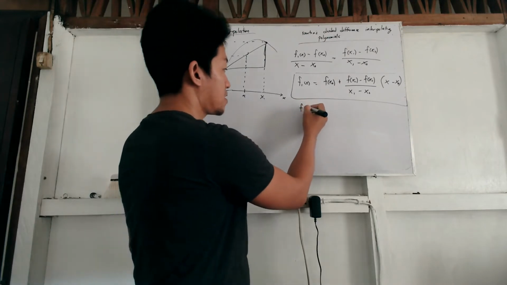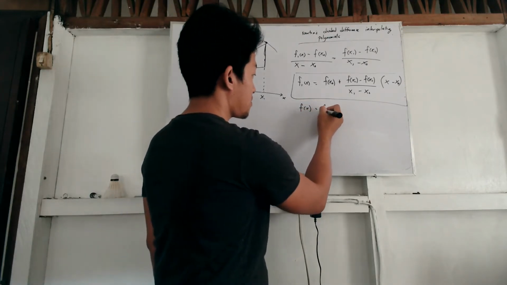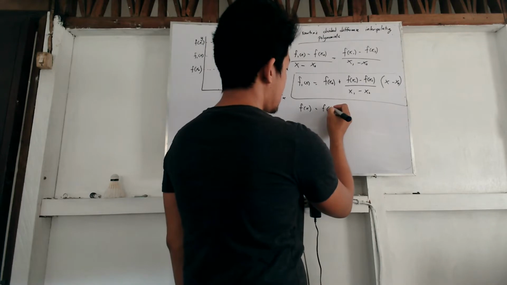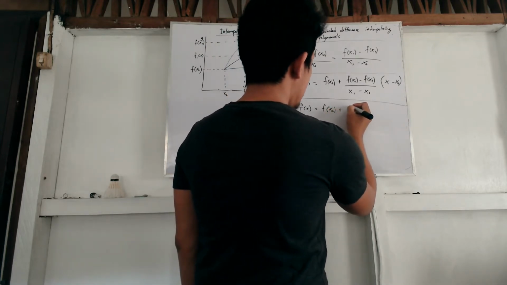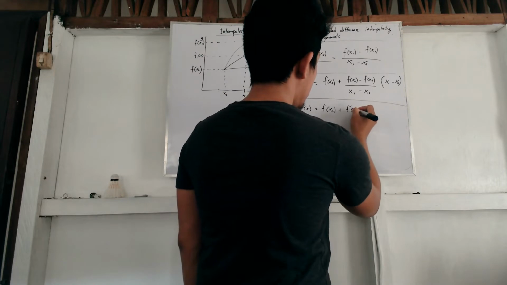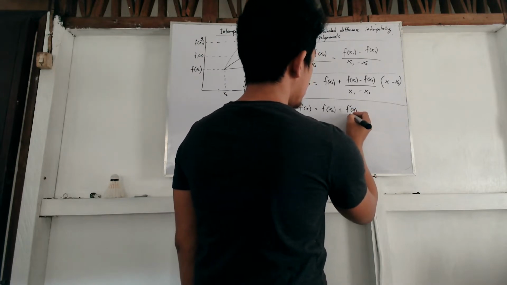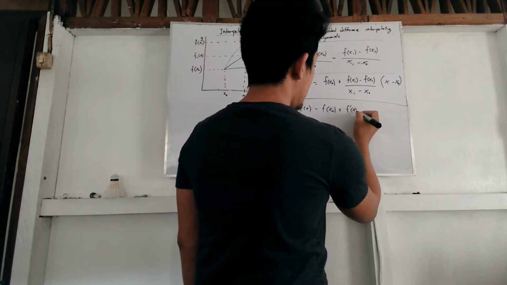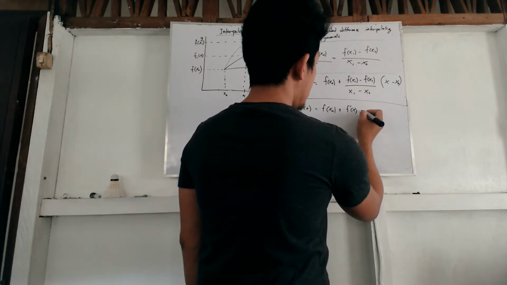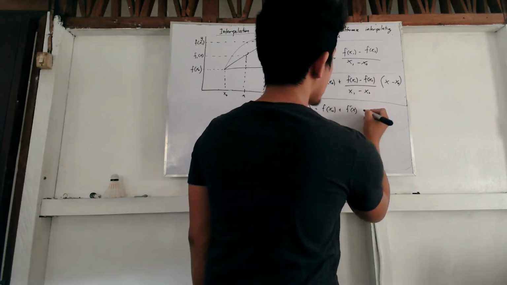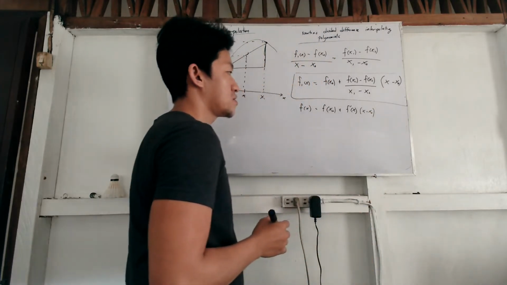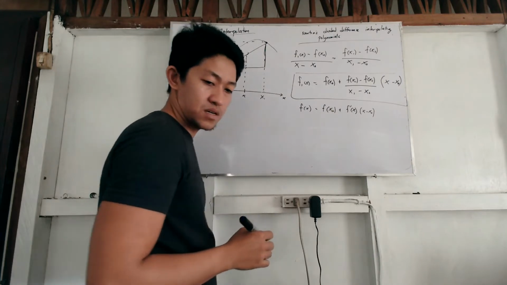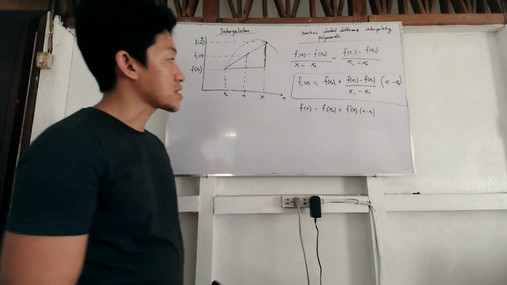F of x is equal to f of x sub 0 plus f prime of x times x minus x sub 0 over 1 factorial.